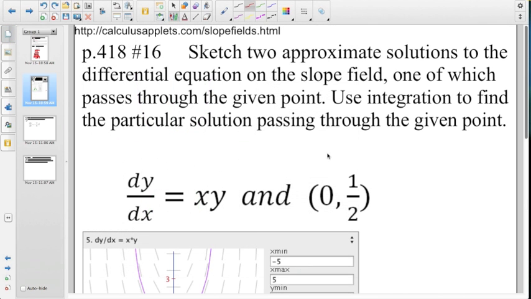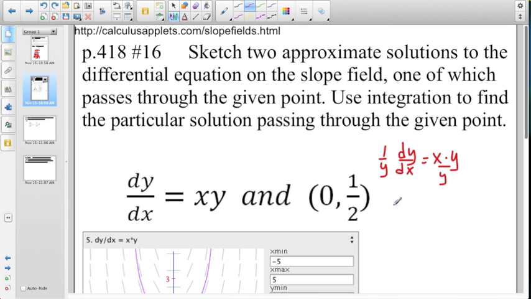I also want to integrate this so we can find a particular solution. And so we're going to go ahead and separate those differential expressions. So we have dy dx equals x times y. So we're going to divide each side by y.